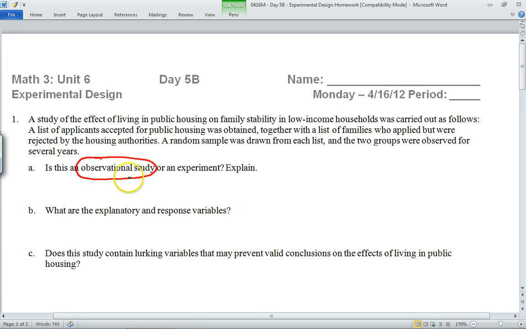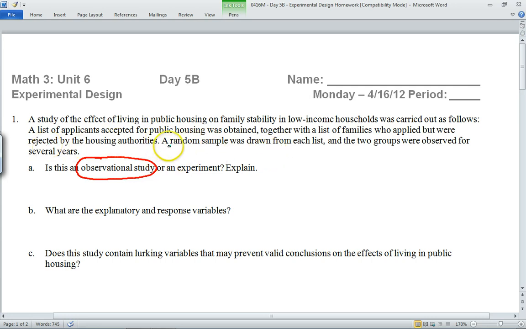Remember the difference between an observational study and an experiment is that in an observational study, the researcher is not doing anything to the subjects. The researcher is just observing the subjects doing what they were going to do anyway. So in this case, the researcher did not put some people in public housing and did not reject other people.